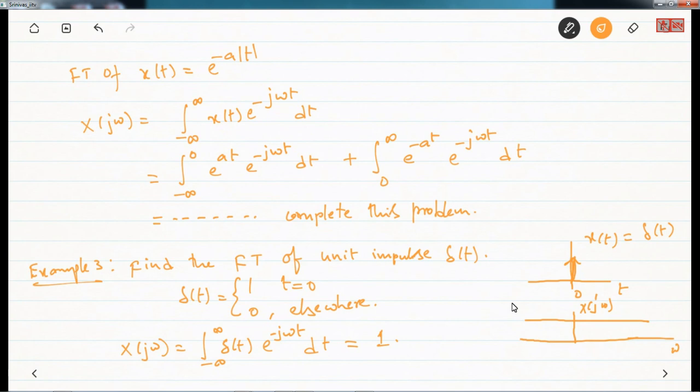So what does it mean from the frequency spectrum point of view? What we said was x of j omega tells us the spectrum, the frequencies present in x of t.